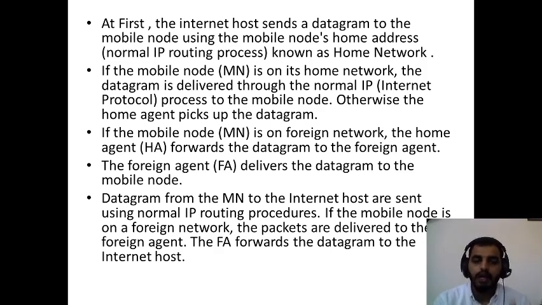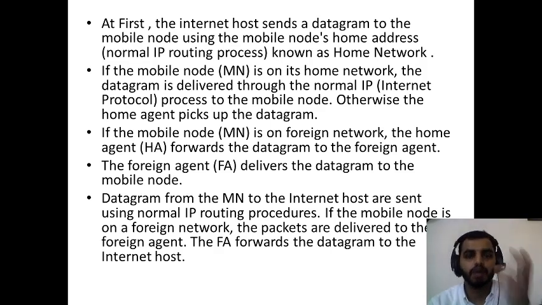If that packet is to be routed to any other network, or you call it a foreign network, then the foreign agent is used so that the communication can happen with reference to the home agent. This home agent will communicate with the foreign agent so that the communication can happen in an efficient and effective way. This is how a mobile IP works.